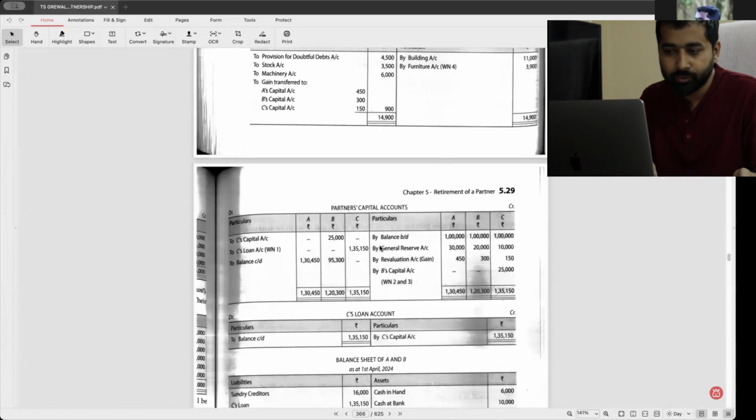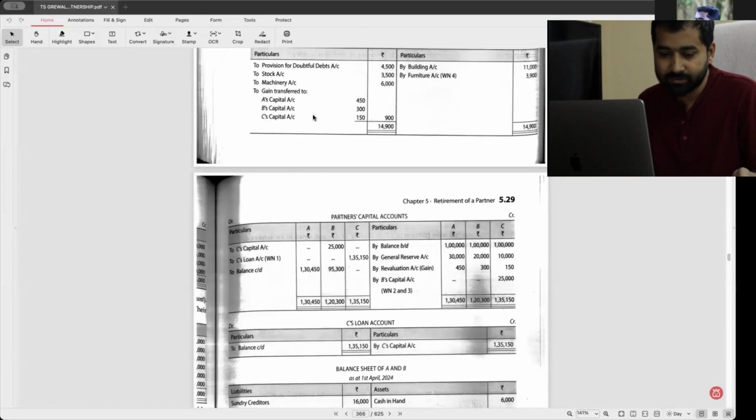So what are we going to do at this point? Directly to the partners' capital. Here I have written by B's capital account, the amount goes to C, because C is retiring, C is sacrificing his share.